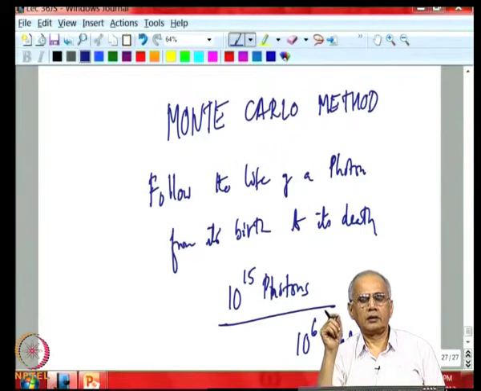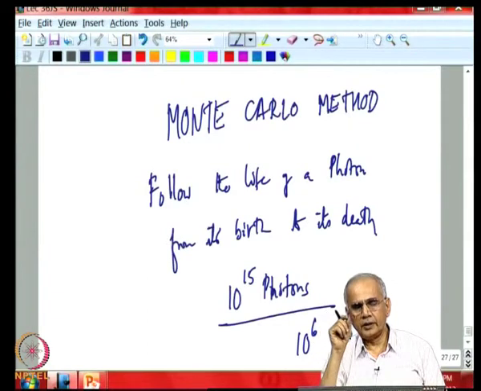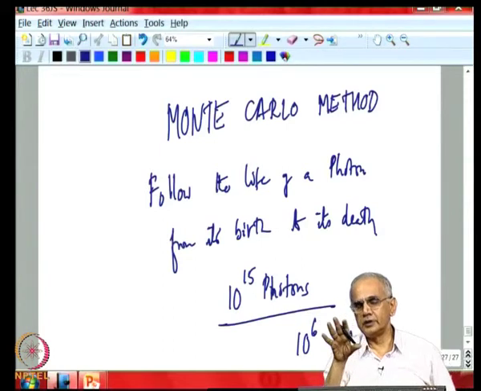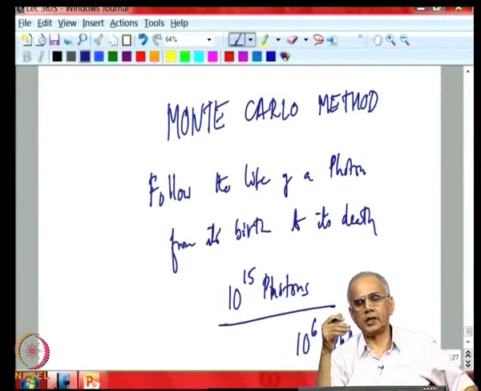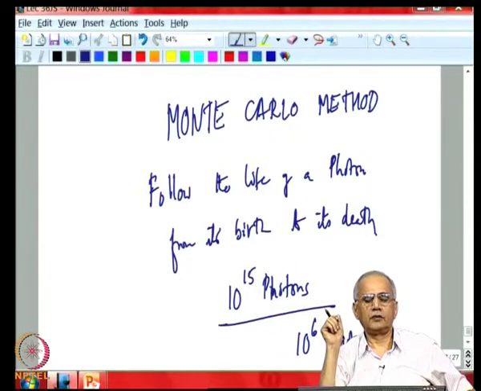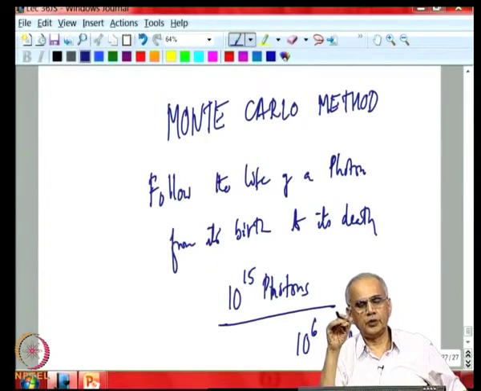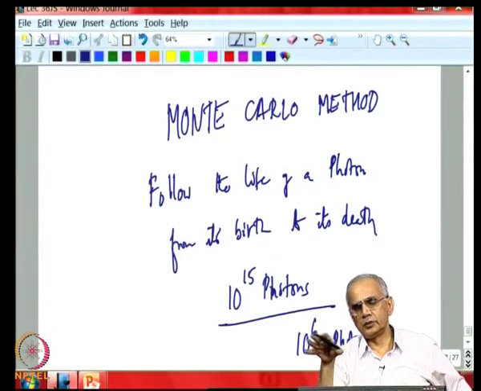To show that in a given situation the Monte Carlo method will give you a result of a desired accuracy with about a million photons is not easy, but lots of new results have come. They show that the choice of about a million photons or maybe slightly more will give you answers of adequate accuracy, but this has to actually be shown as a part of the simulation exercise.